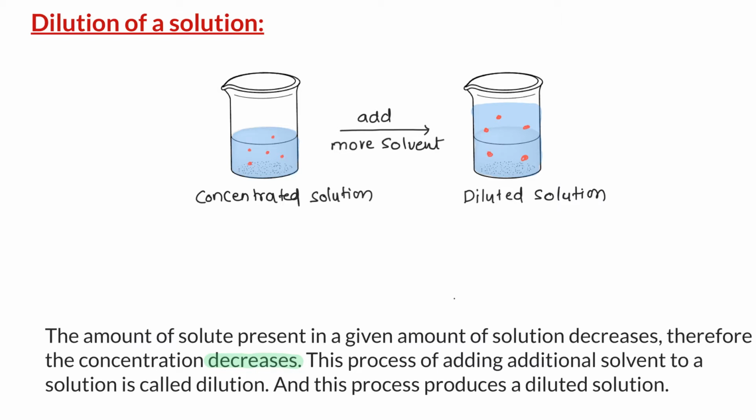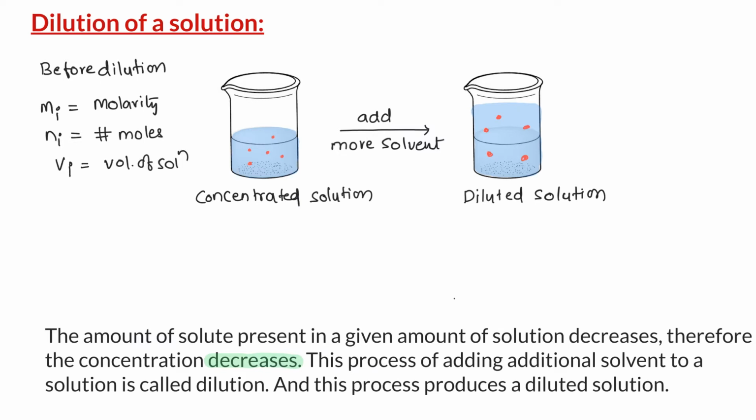Let us say M initial is the molarity of the solution, n initial is the number of moles of solute in a solution, and V initial is the volume of the solution before dilution. These three variables are related by the equation molarity initial is equal to number of moles initial divided by volume initial.